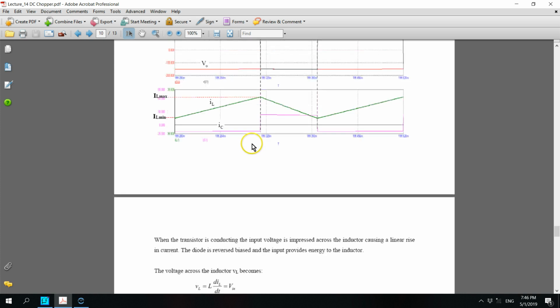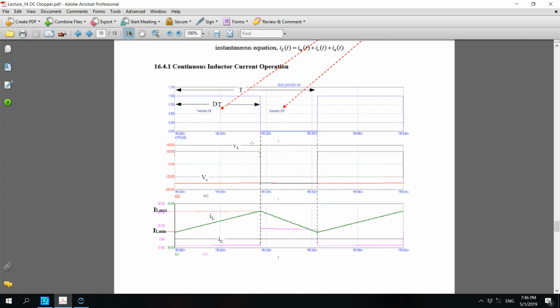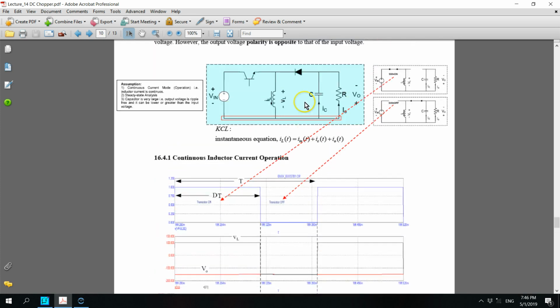Okay, and we also have to look at something that we need to note during the turn on, the input during the switch is on. You can see that IC equals negative I naught, isn't it?